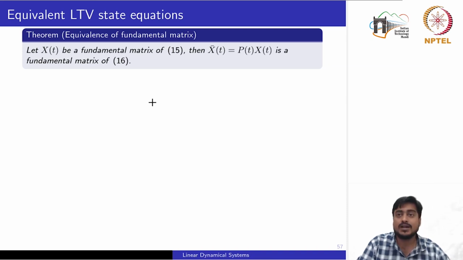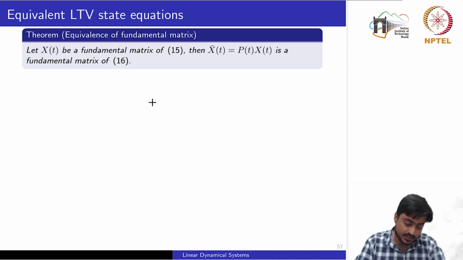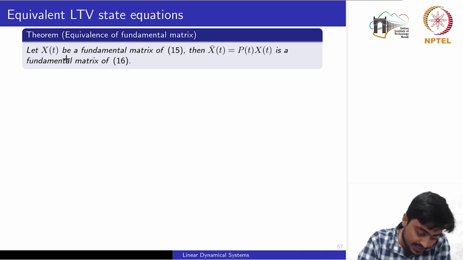Now what happens to the fundamental matrix, because we saw that in the LTV case the notion of the fundamental matrix played an important role. If the two state representations are equivalent, does the fundamental matrix remain the same or does it change? So we have the next result: let X(t) be a fundamental matrix of 15.